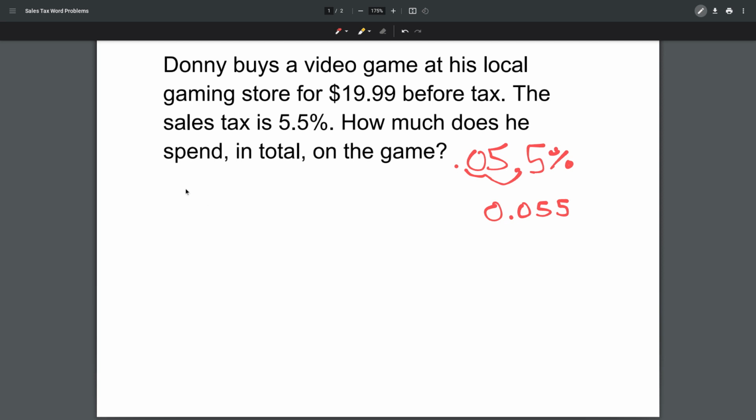So what I'm going to do is the 19.99 times 1.055. And when I do that out on the calculator, 19.99 times 1.055, I get 21.089.